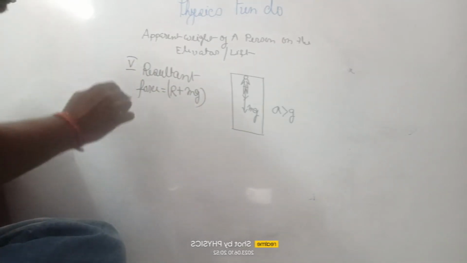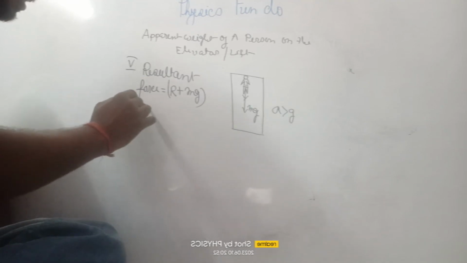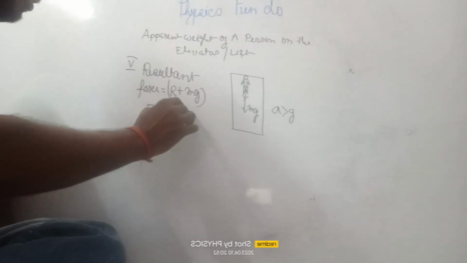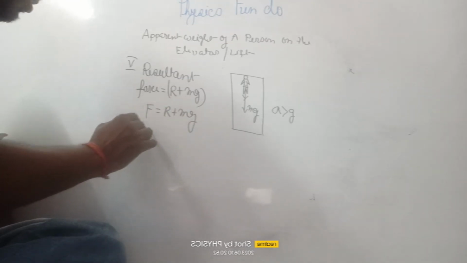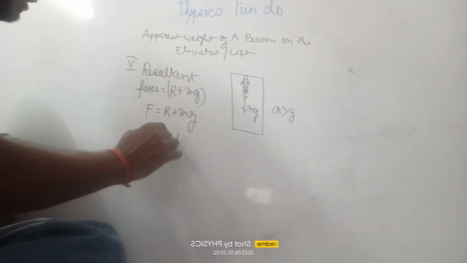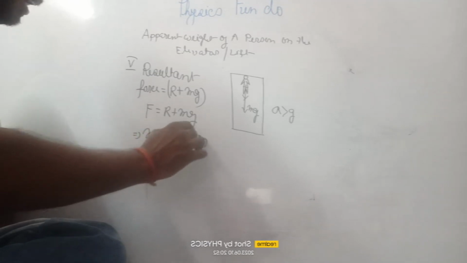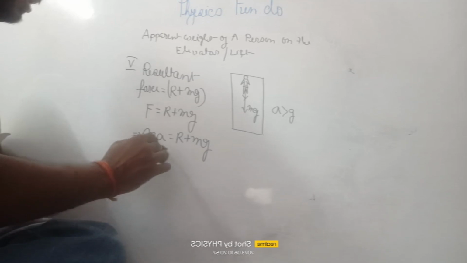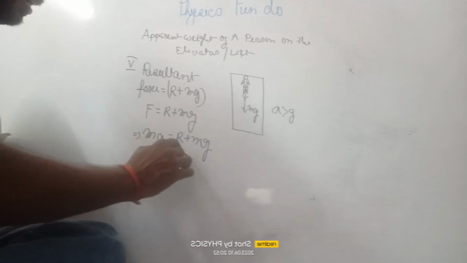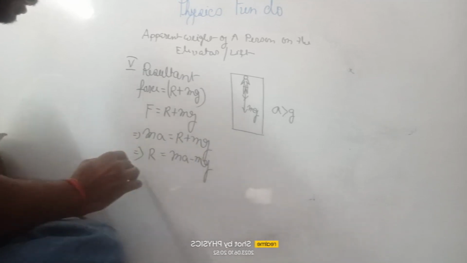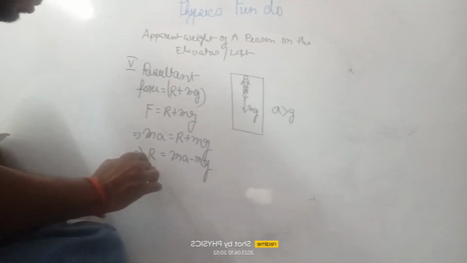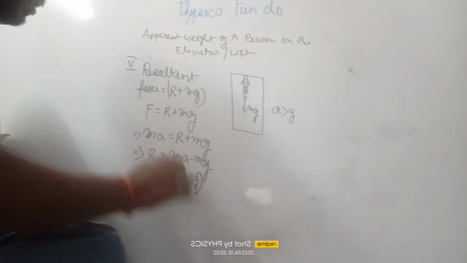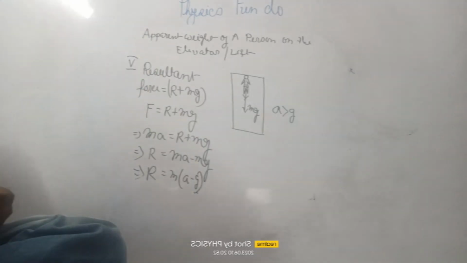Now from the equation of motion we have F equals ma, equals R plus mg. So R is equal to ma minus mg. So R is equal to m times (a minus g).